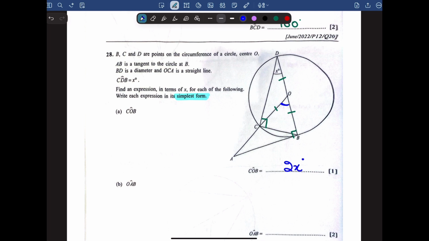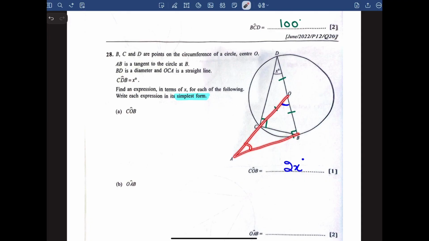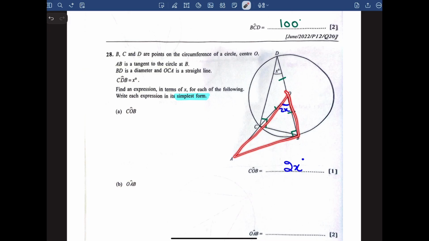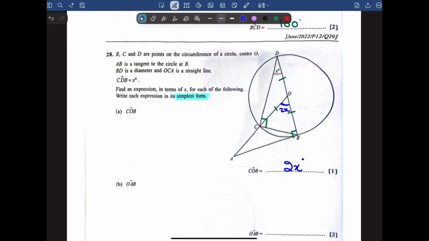Okay, OAB. I think this is also pretty simple. If we focus on the triangle OAB, we know this is 90, this is 2x. So let's call this angle theta for now.